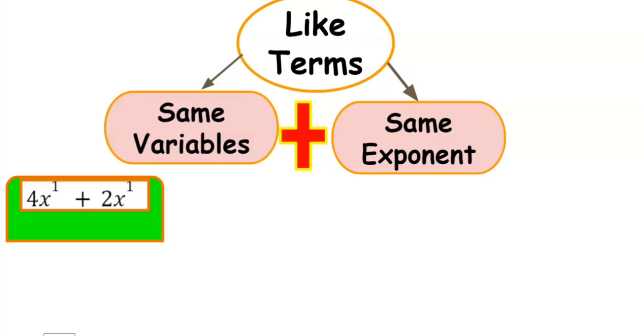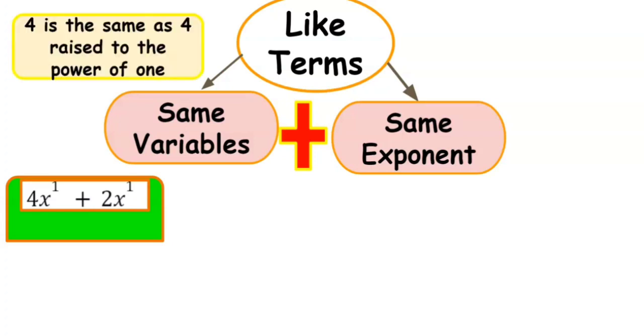So these are like terms. We also need to remember that 4 raised to the power of 1 is 4, so x raised to the power of 1 is x. So this can be further written as 4x plus 2x. They would have the same variable and exponents. We don't have to write the power of 1.